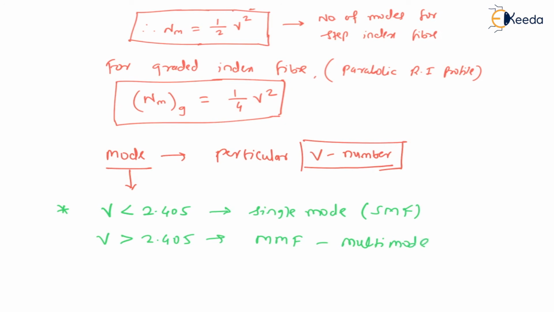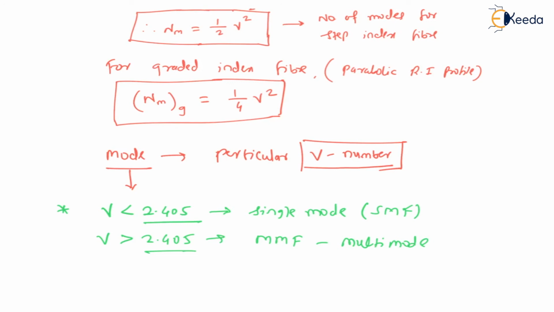So remember this particular number 2.405. If the value of V number is less than that, the optical fiber will support a single mode, and if it exceeds this value, it will support many modes.